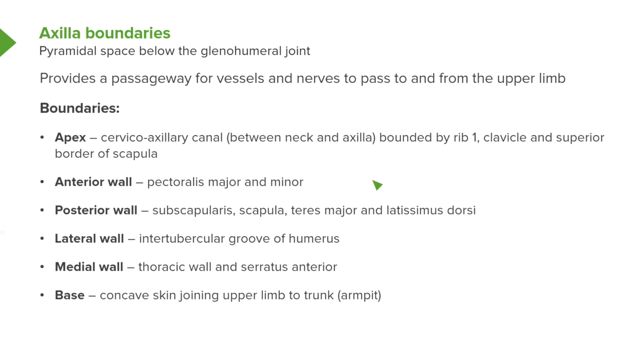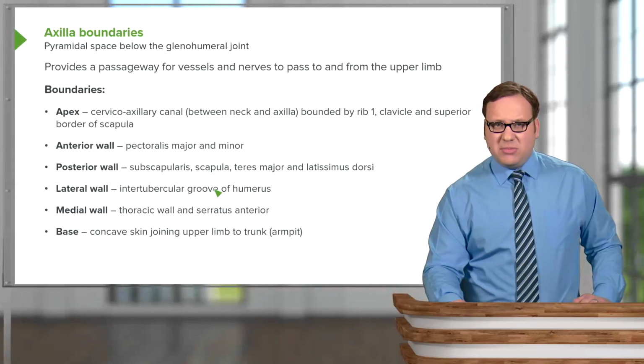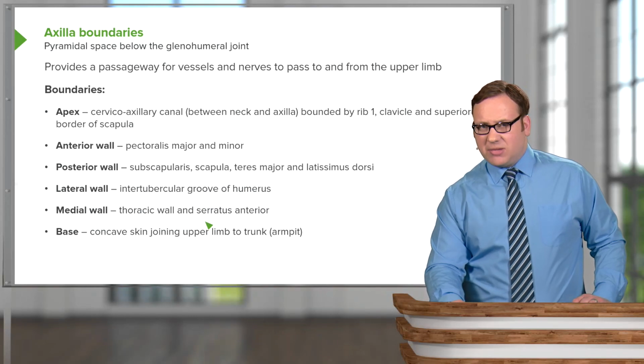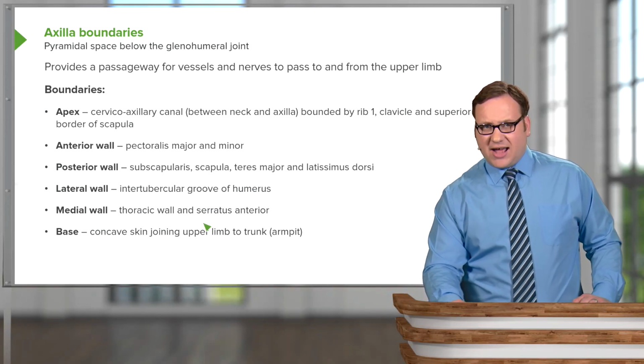The anterior wall is formed by both pectoralis major and minor, as they're running from the chest wall to the humerus and the scapula, and the posterior wall is formed by subscapularis muscle, the scapular bone, teres major, and latissimus dorsi muscle. The lateral wall is formed by the intertubercular groove of the humerus, and the medial wall is formed by the thoracic wall and serratus anterior muscles that lie on its lateral aspect.